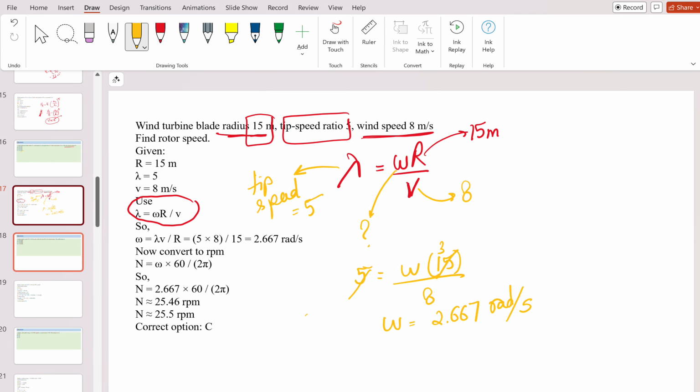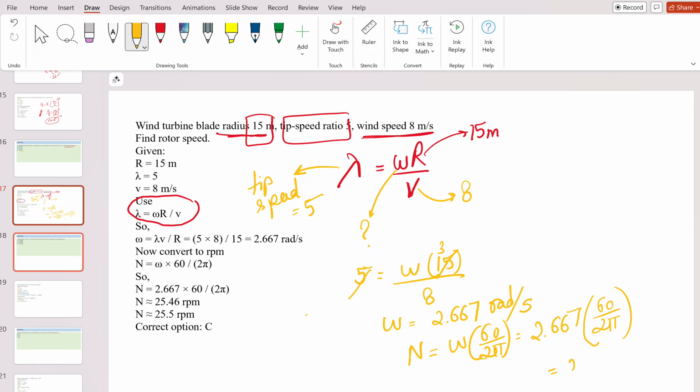But in your question it is asked in RPM. So n is basically omega multiplied by 60 divided by 2 pi. Omega is 2.667 multiplied by 60 divided by 2 pi. When you find it out, it will come out to be nearly 25.5 RPM.